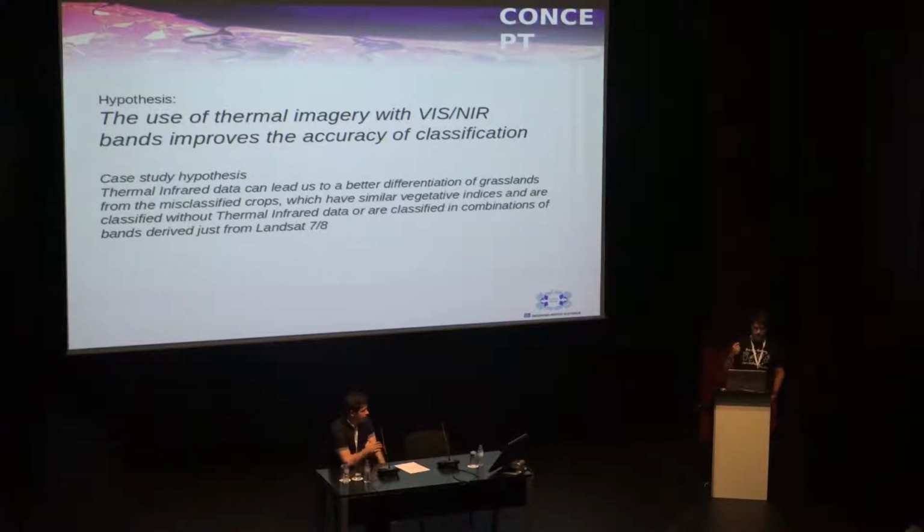So in this case, we were talking about a problem that was seen in other projects that dealt with classification of land cover and land use, that saw that grasslands, seen as a simple field, are not simple at all. And we tried to combine the thermal infrared data that is derived from Landsat 7 and 8 with the other mentioned data that is open and distributed by ESA by the Sentinel-2 platform.